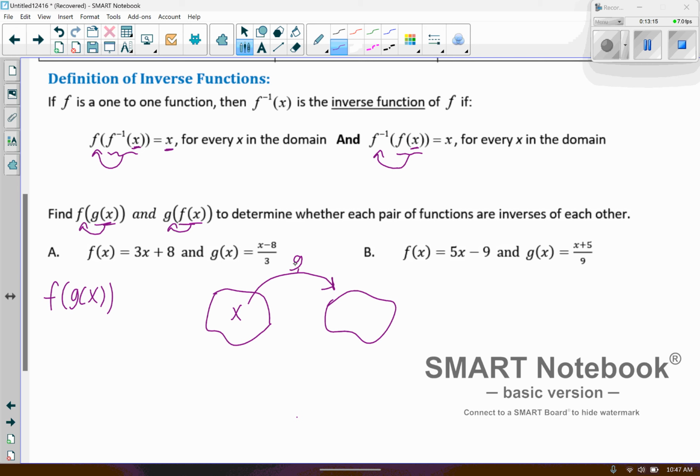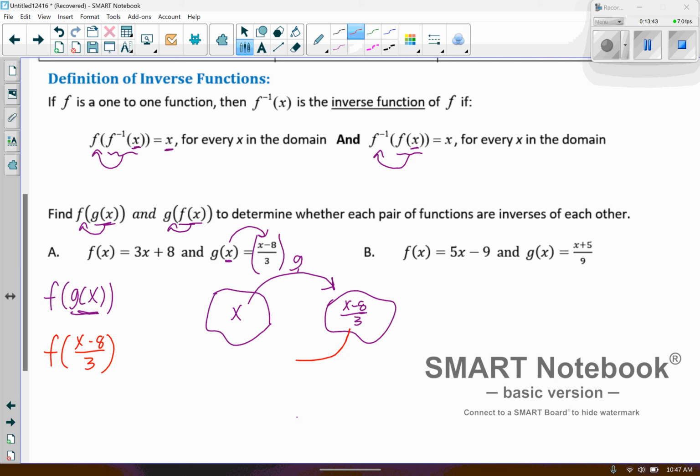That's going to give me this in return. So I plug in x, and I'm going to get x minus 8 over 3. Since it's not a number like 3 or 4 or 5, I just have to leave it as x. And so now I have f of x minus 8 divided by 3. So that's where I'm at now.